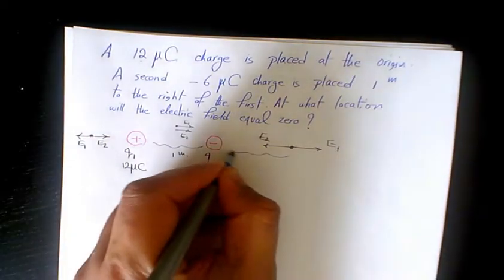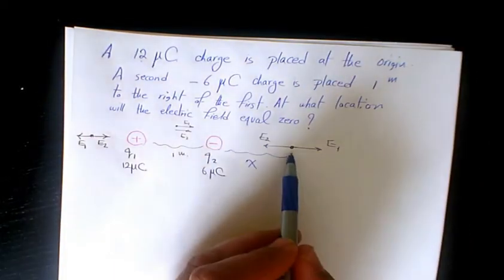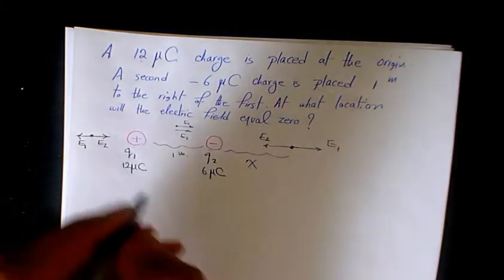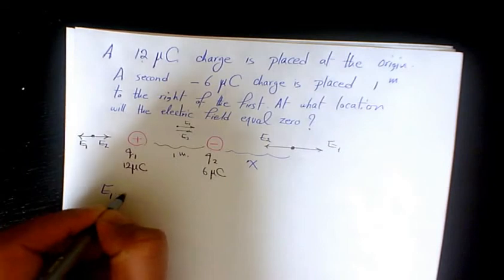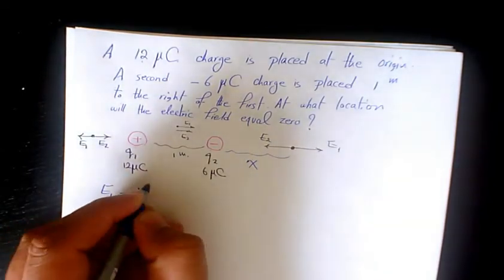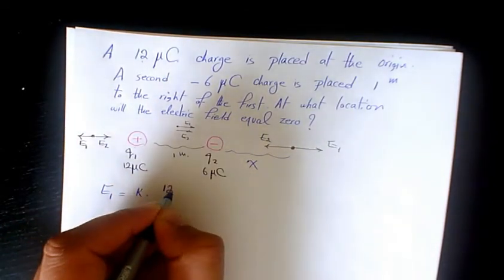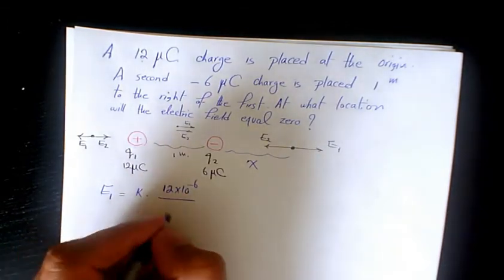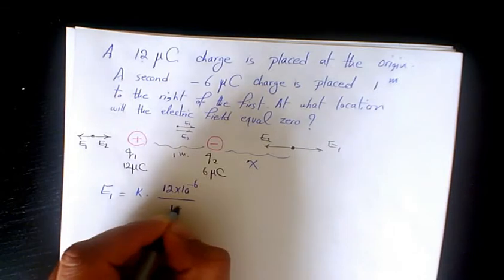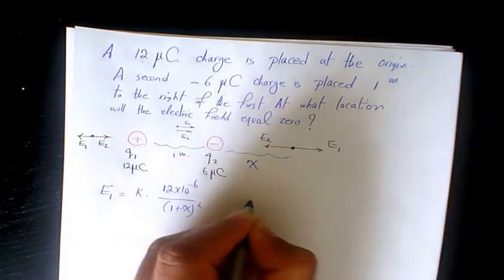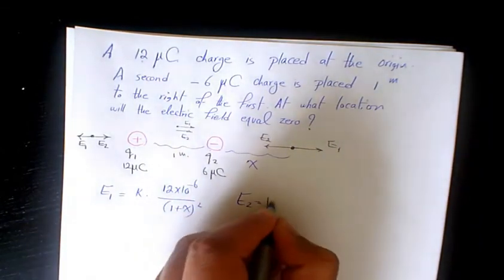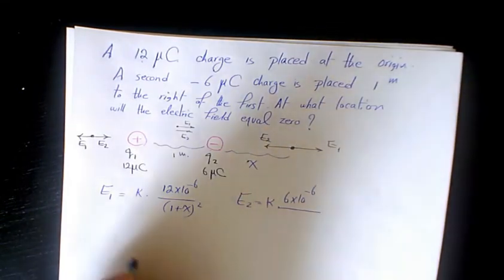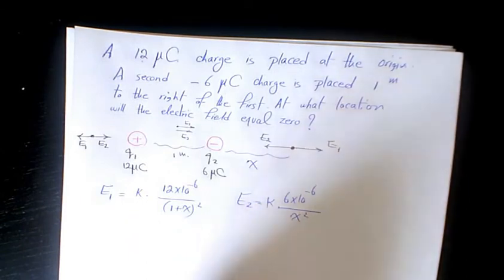I'm gonna call this point x, the distance between the point and the second charge. So E1 will be K Q1, which is 12 times 10 to the power of negative 6, divided by (1 plus x) squared, and E2 is K times 6 times 10 to the power of negative 6 divided by x squared.